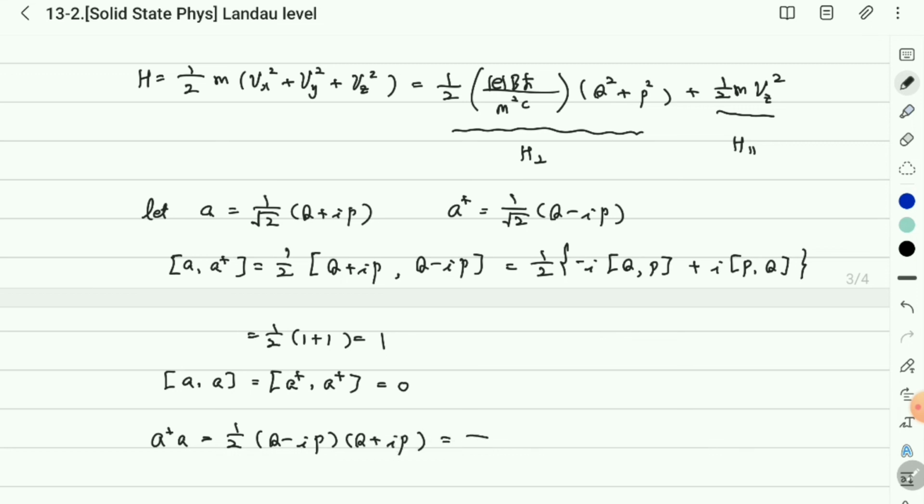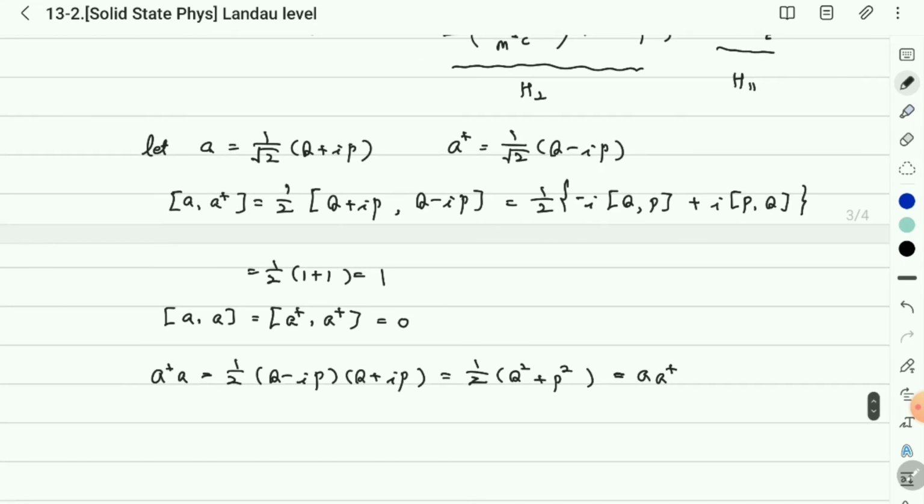Then it is 1/2 (Q squared plus P squared) minus 1/2, using the commutator. Therefore, Q squared plus P squared is 2 A dagger A plus 1.